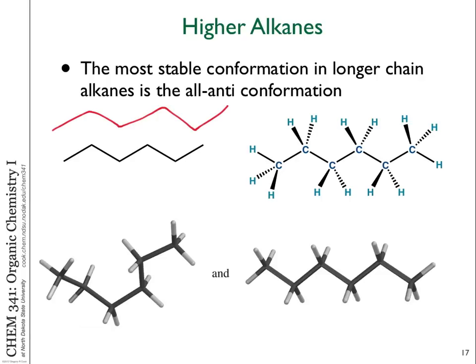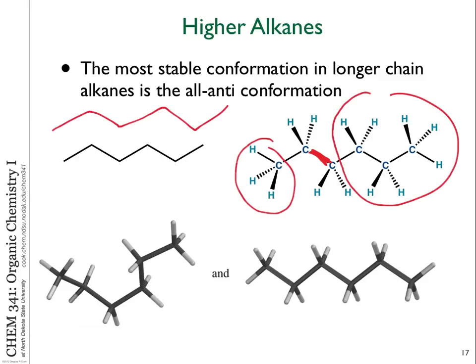So you can pick any carbon-carbon bond on here that's not on the end of the molecule. So for example, this carbon-carbon bond, right? If you look at that carbon-carbon bond, this group and this group are, from this carbon to that carbon, 180 degrees apart if you were to line them up in that Newman projection, right?